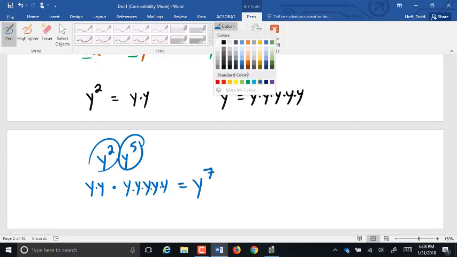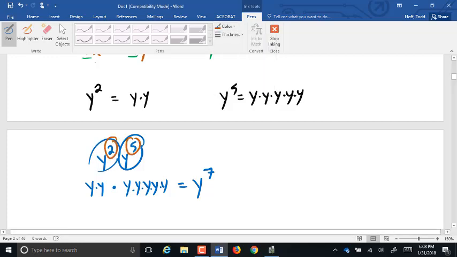The appearance is you add the powers, yes. This is what's called an exponent, the whole thing. And an exponent has 2 parts. It has a base, which is the bottom number, in this case the y, and it has the power.